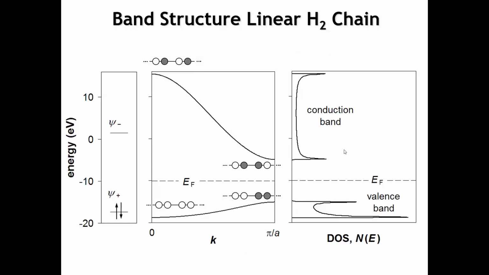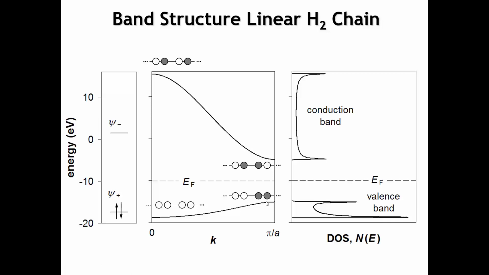Now, if we were to do this calculation a little more rigorously, here I'm showing what the band structure of this chain looks like if you use extended Hückel level of theory. And the details change a little bit. It turns out that the antibonding band is quite a bit wider than the bonding band, and that's because the antibonding orbitals are destabilized more than the bonding orbitals are stabilized.